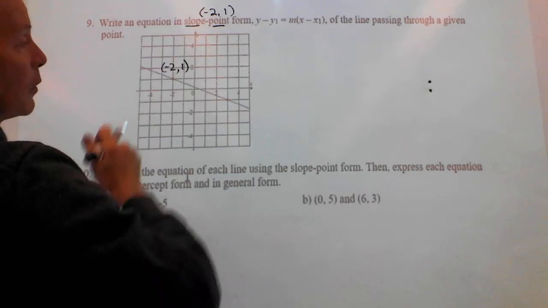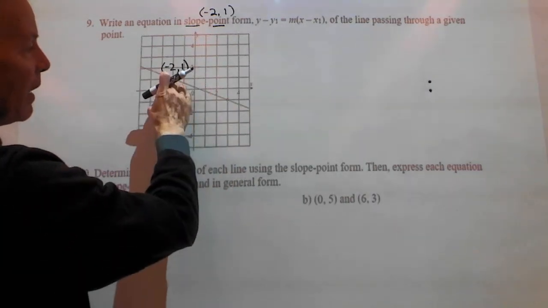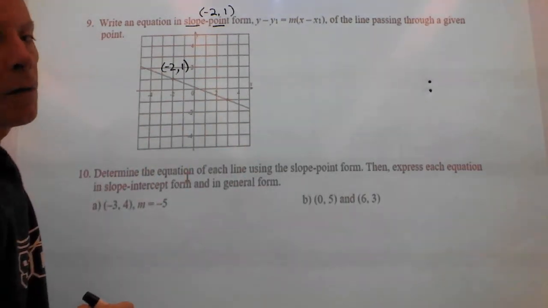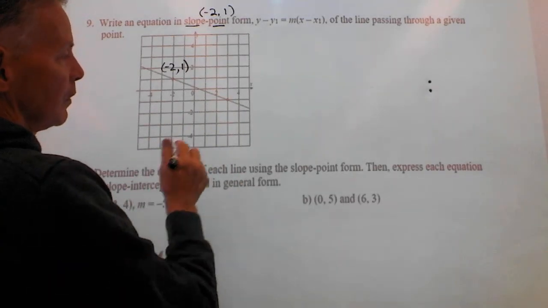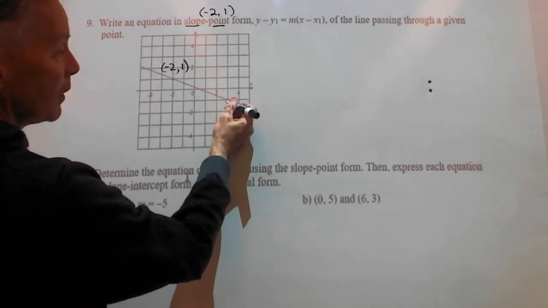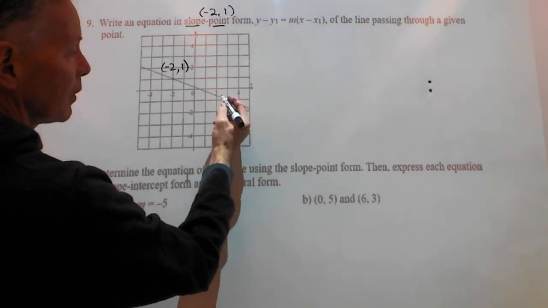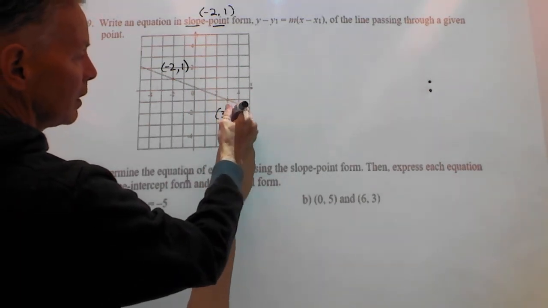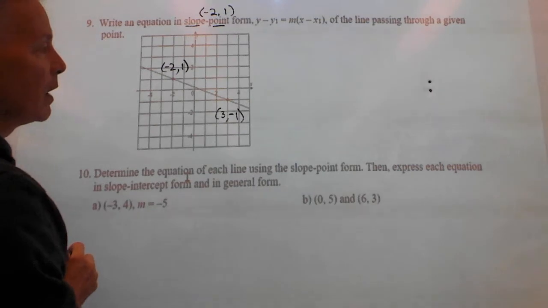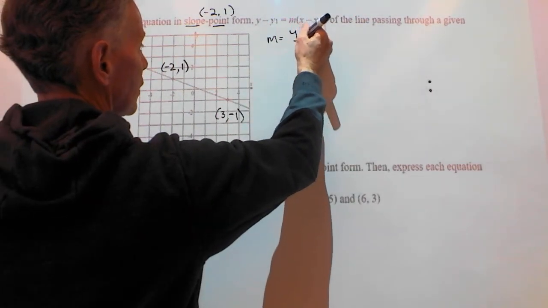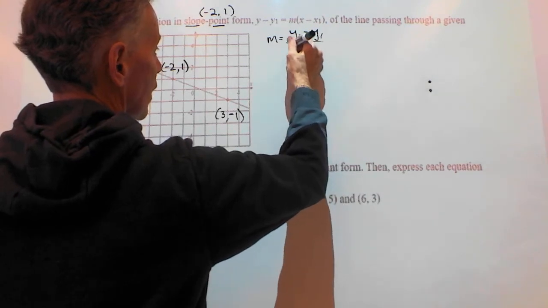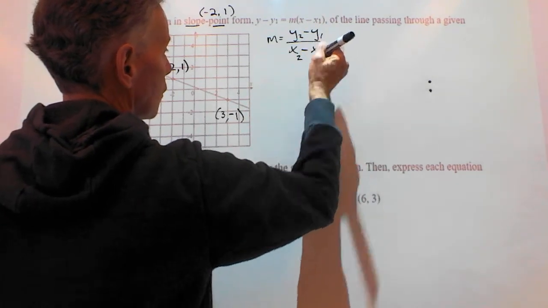And we need to know the slope. So again, because they've been kind to us, why don't we get some practice using the slope formula. So the coordinates of this point are at 3 across and 1 down, so that's 3 and -1. Plug them into your slope formula. M equals y2 minus y1 over x2 minus x1.